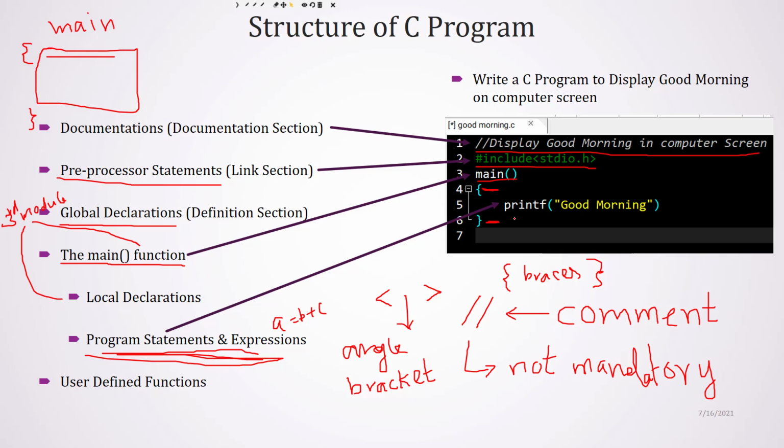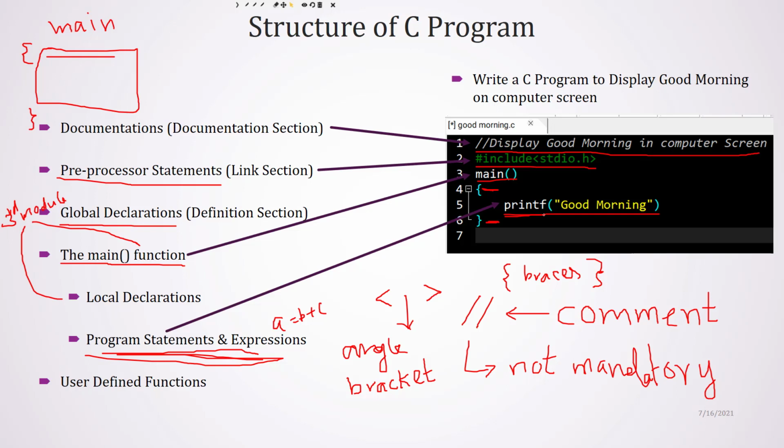Here in this program I have given only one instruction: printf good morning. Printf is a function. If you didn't know what a function is, no problem. Now just understand printf is used to display something on the screen.